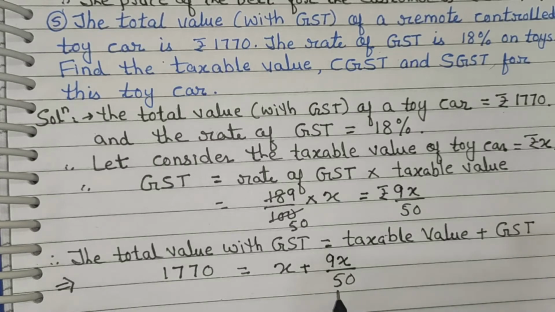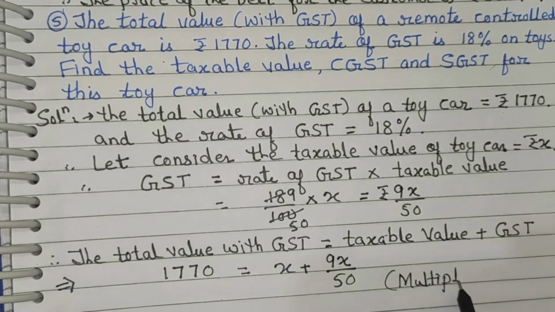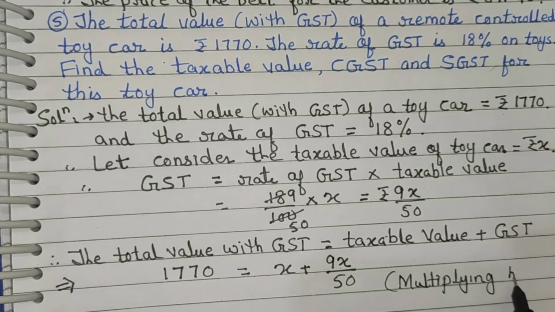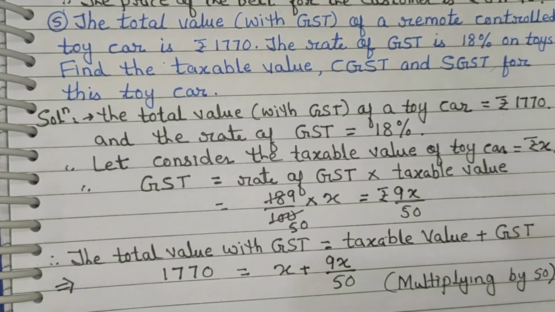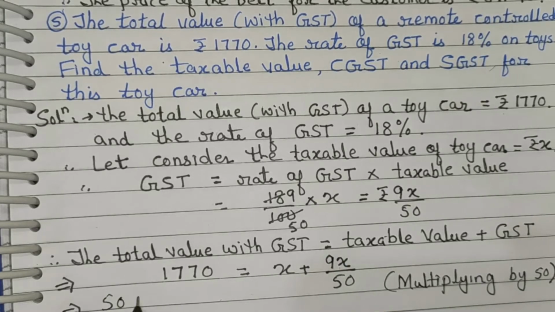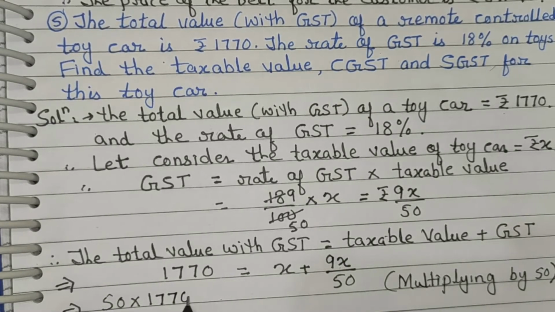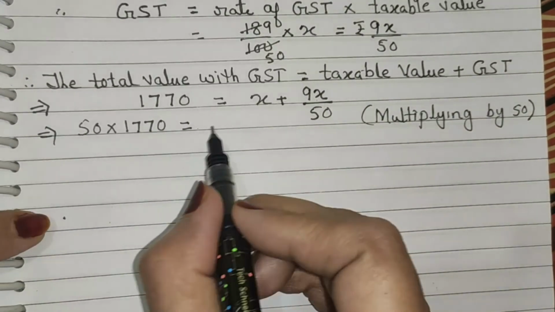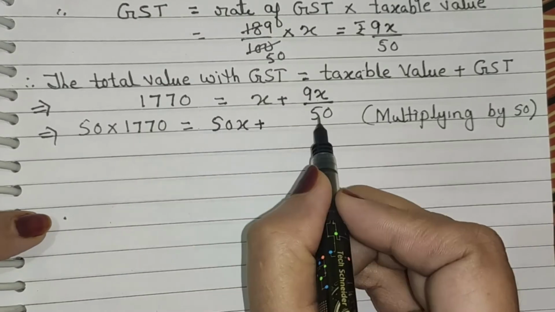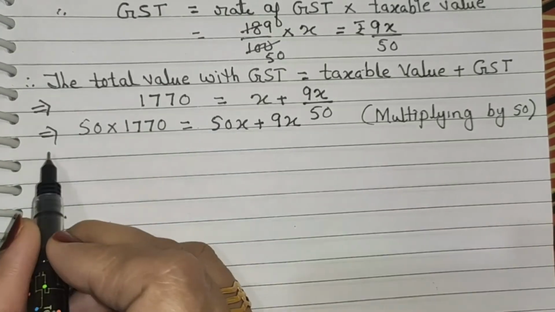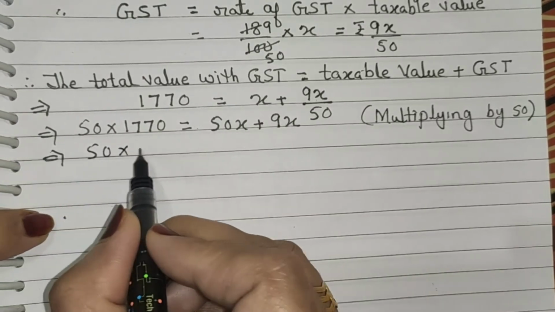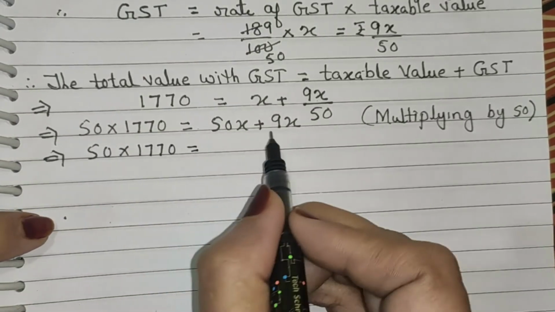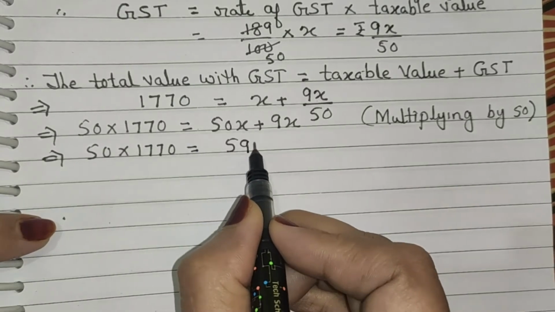Now the denominator contains 50, therefore multiplying both sides by 50, we get 50 into 1770 is equal to 50x plus, now 50 cancels, 9x. So 50 into 1770 is equal to 50x plus 9x, 59x.